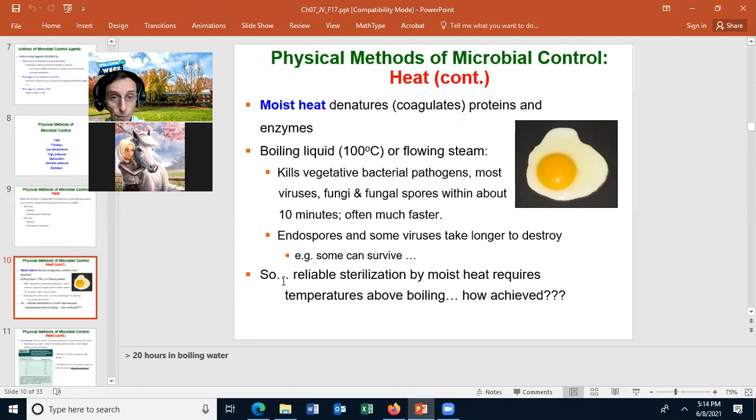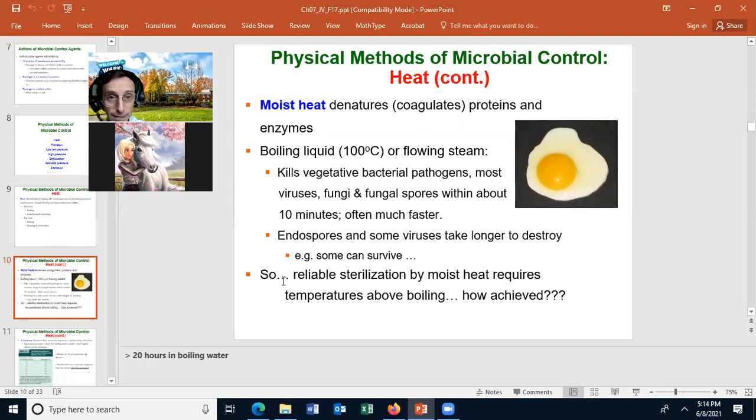So all you need to do is boil your food for 10 minutes and you'll kill most things. Often the cells die much faster. Like E. coli will die long before you get the water boiling. Just a hot temperature. Don't ask me what temperature E. coli dies at, but it dies before 100 degrees C.